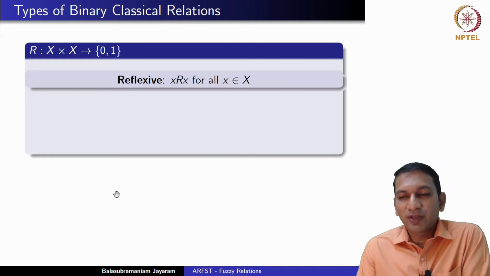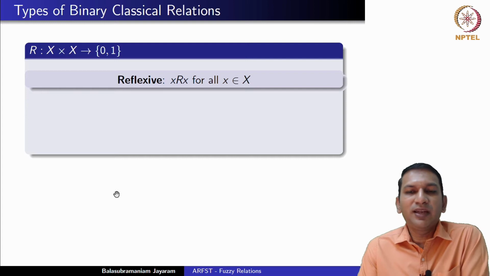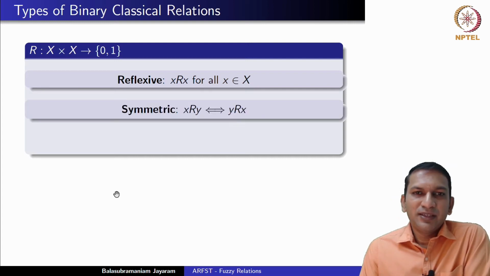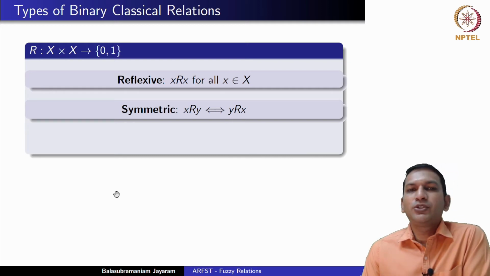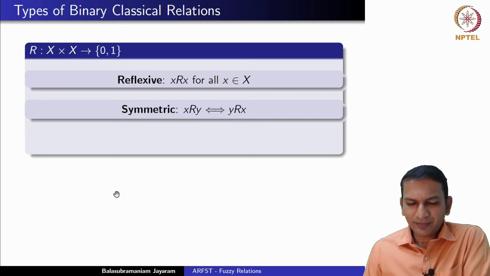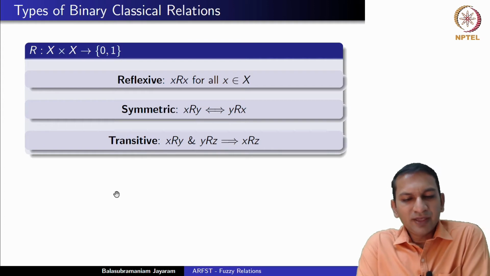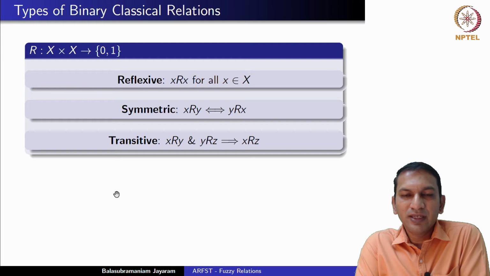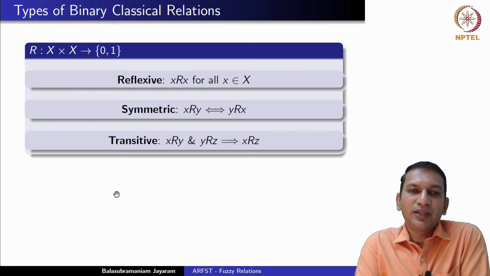A relation is said to be reflexive if X is related to X itself under the relation for every X. It is said to be symmetric if X is related to Y, then Y should also be related to X. It is said to be transitive if X is related to Y and Y is related to Z, then X also should be related to Z.